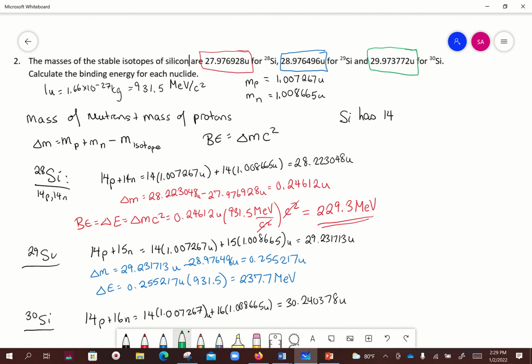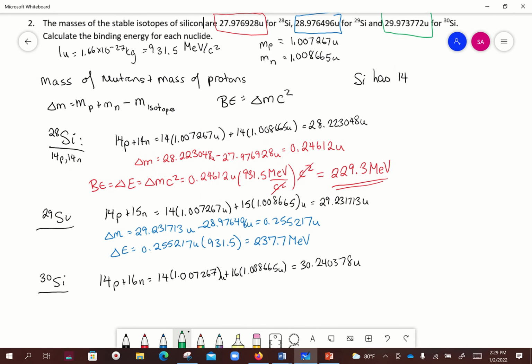Then I go up and I look at my problem, find the mass of the nucleus when it's all put together, and subtract it. So delta M is 30.240378 U minus 29.973772 U, which is 0.266606 U. So delta E, the binding energy, is 0.266606 times 931.5.